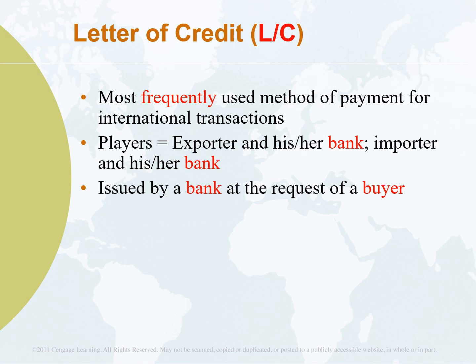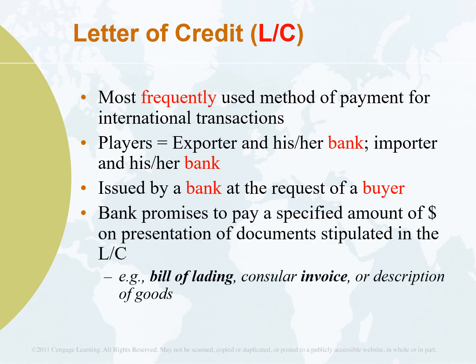You're the buyer, you request a letter of credit at a bank. Okay? The bank promises to pay a specified amount of dollars on presentation of documents stipulated in the letter of credit, like a bill of lading or consular invoice with description of goods showing that the goods have indeed been delivered, and then the bank will pay the seller the money. Okay? Letter of credit.